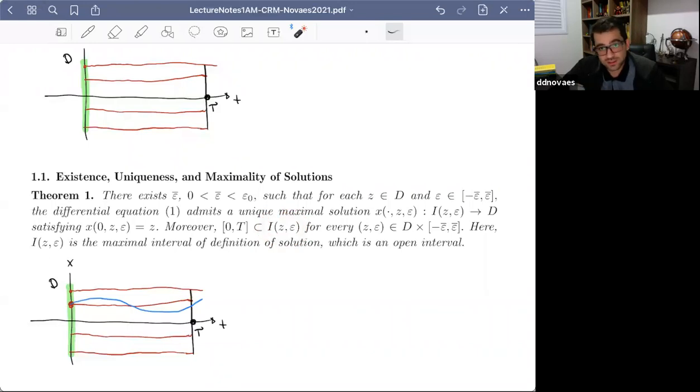So for each initial condition, we can always take a time which is strictly bigger than T. And analogously, we also have the solution defined for times smaller than 0. This is important because, since I want to study T-periodic solutions, the first thing I need is to be able to compute the solutions over the period.